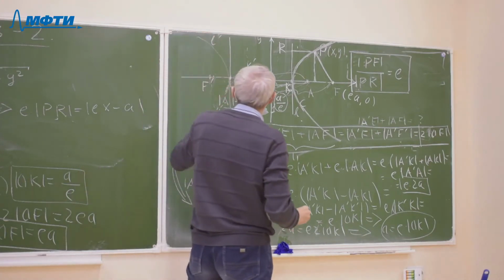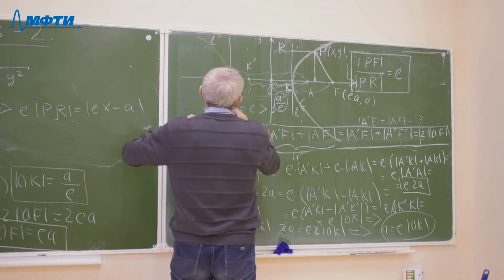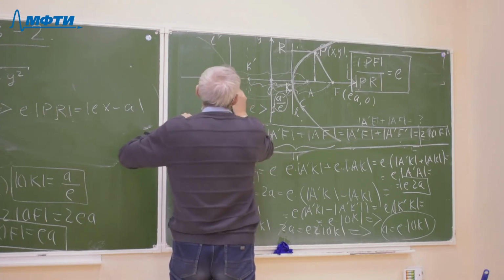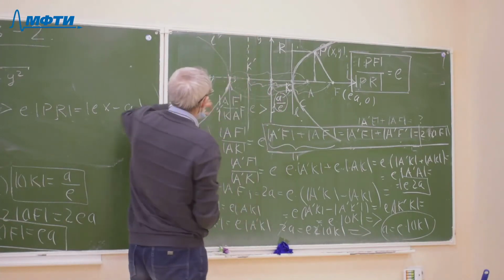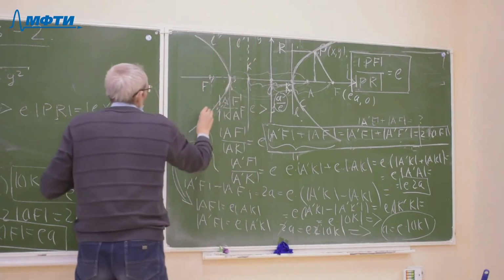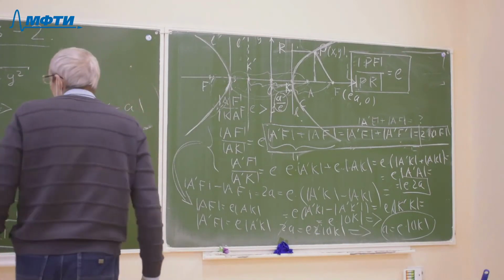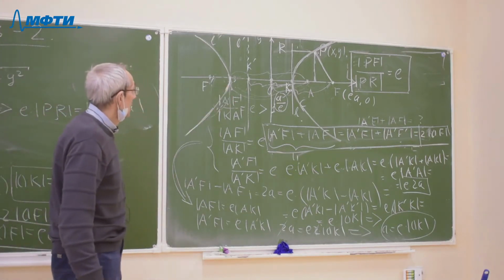We have the symmetric other straight line A prime, and we have the other branch of the hyperbola. This equation is symmetric onto OX and OY, and we can see that our curve is symmetric.